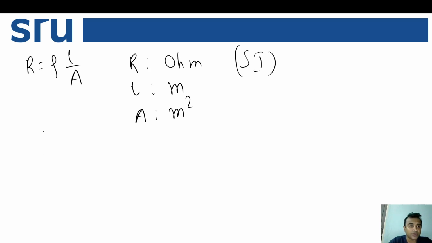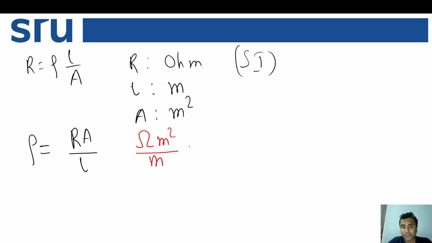Then we can simply write rho equal to R A over L. You can see that this gives ohm times meter squared divided by meter. Only talking about units, that gives you ohm meter.